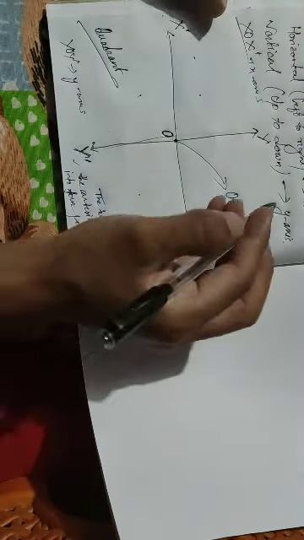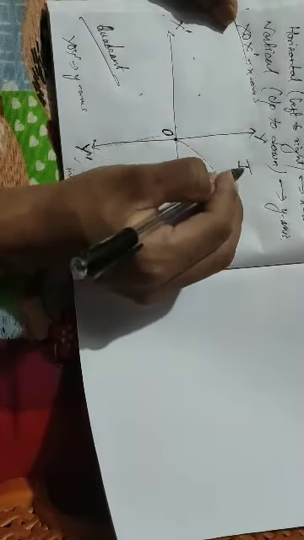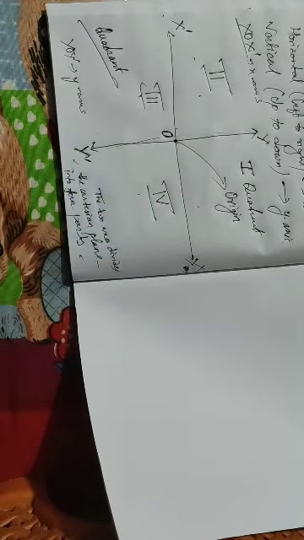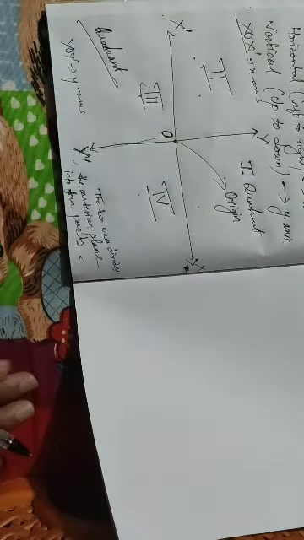So we'll name each part. This one is called the first quadrant, that is 1. First quadrant. This one will be called the second quadrant. This one will be called the third quadrant, and this one will be called the fourth quadrant. So you have to remember, you cannot switch the names of the quadrants.